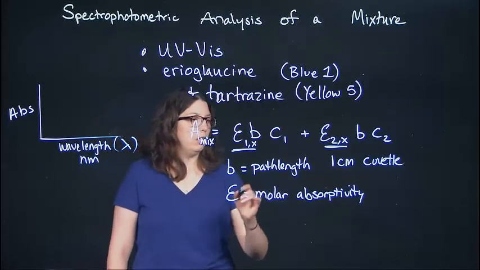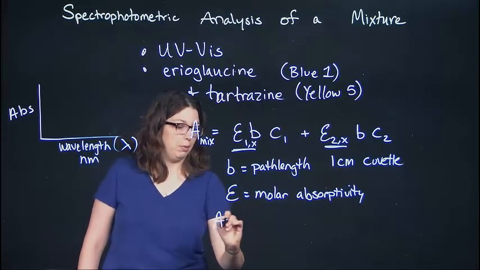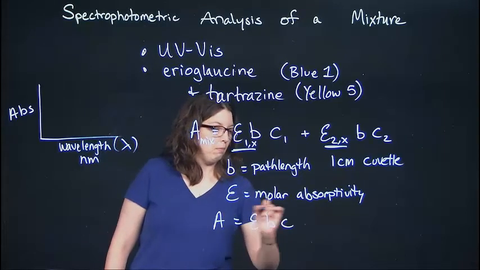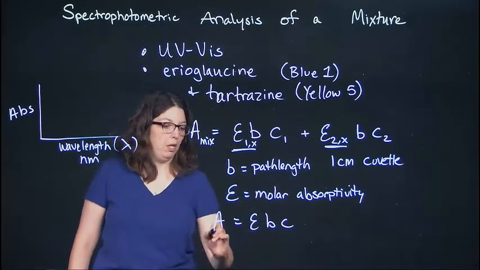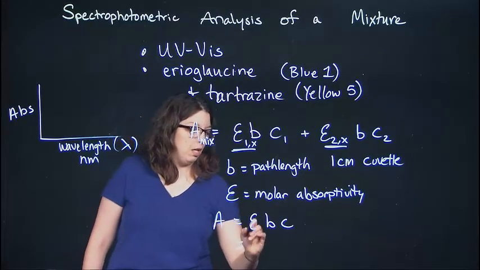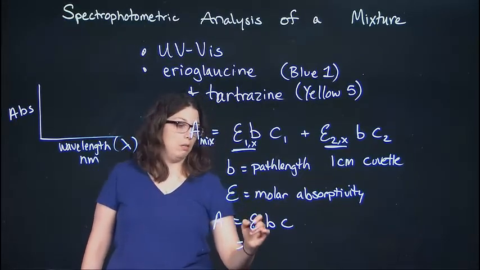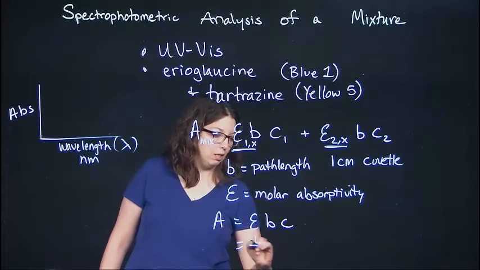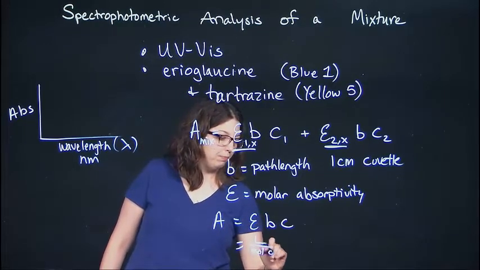But I want to look at the units here quickly. Let's just look at Beer's law for a single component. The units on absorbance are unitless. And typically we see molar absorptivity units as liters per mole centimeter.